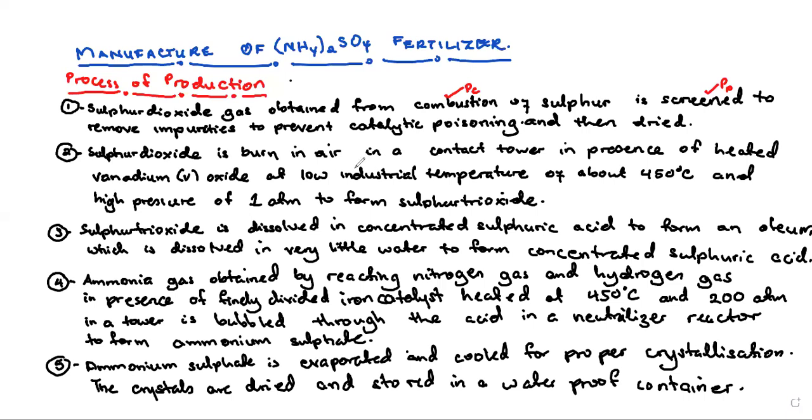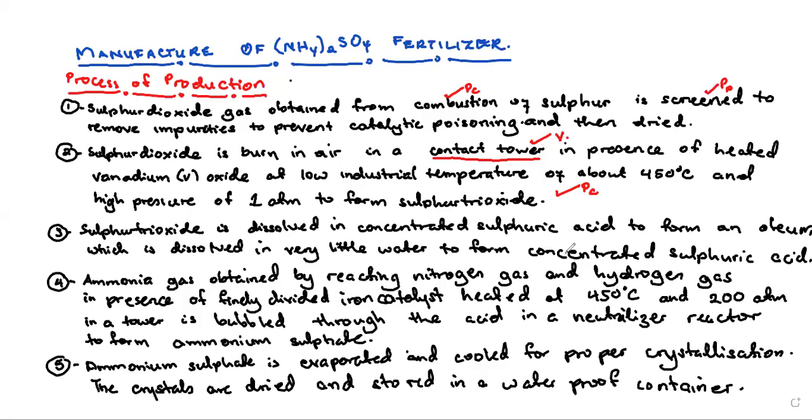You realize that this step, to form sulfur trioxide, is a chemical process. You realize that in this statement, we have a contact tower, which is behaving as a vessel.